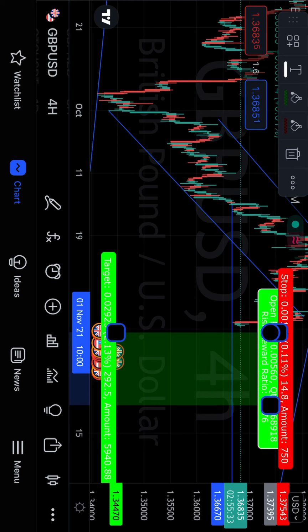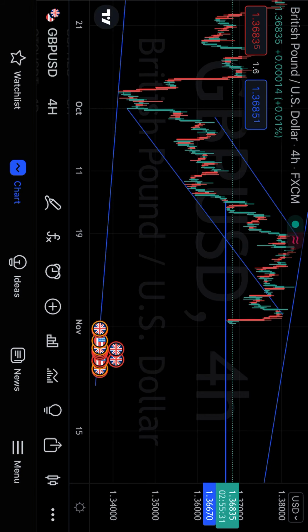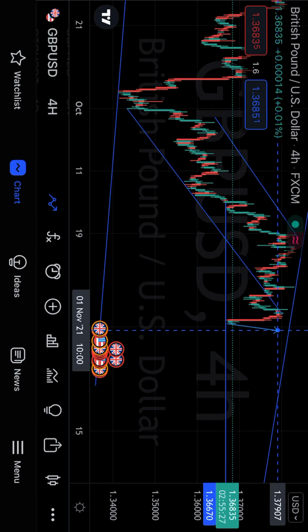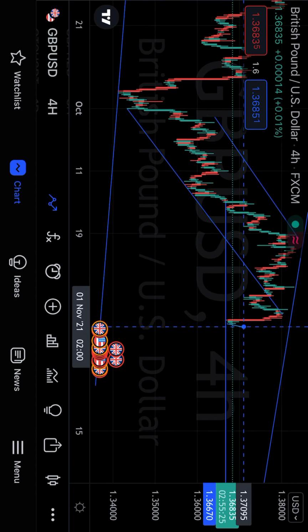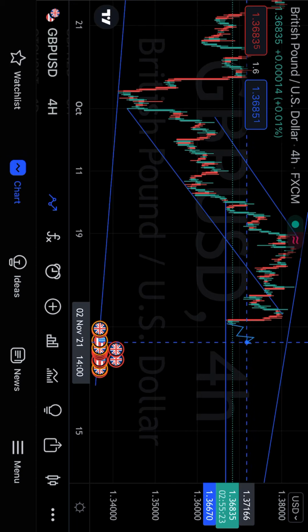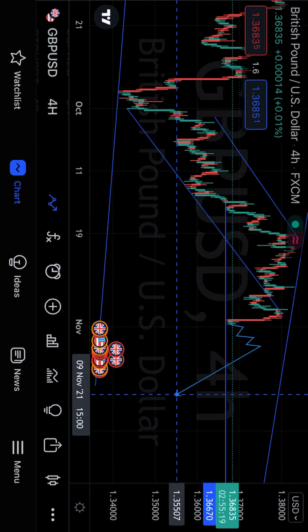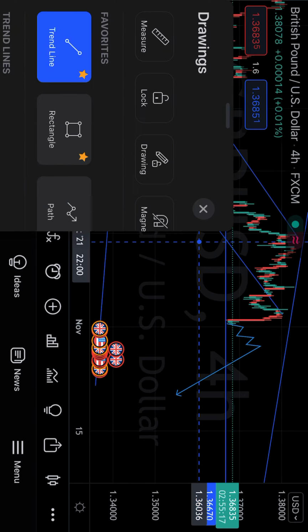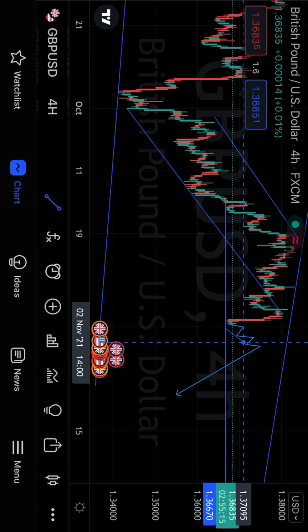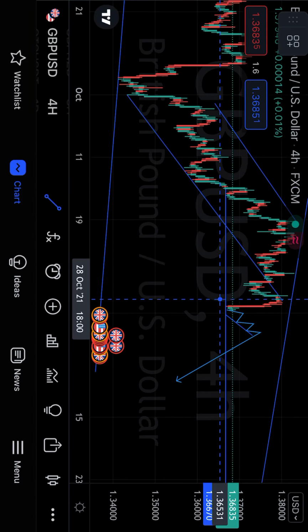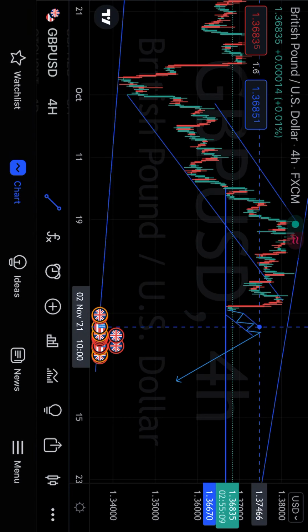But I'm gonna make sure that price does that correctively and not impulsively, correctively to that area before dropping down. If it goes impulsively, I will leave it alone. But if it moves correctively, it will probably give me a pattern to trade on.